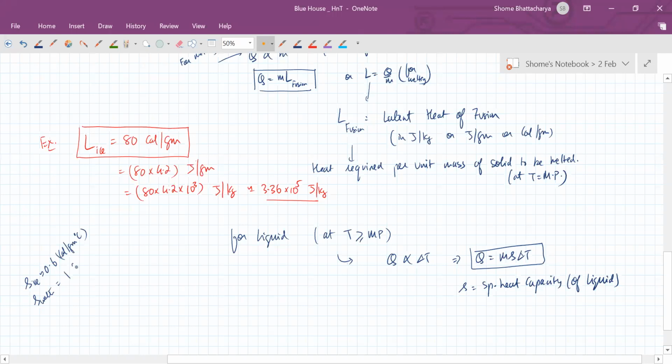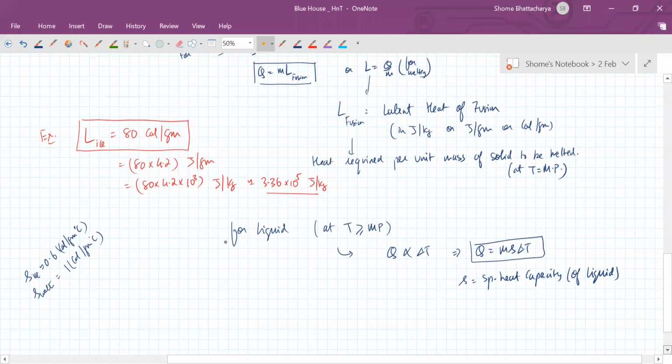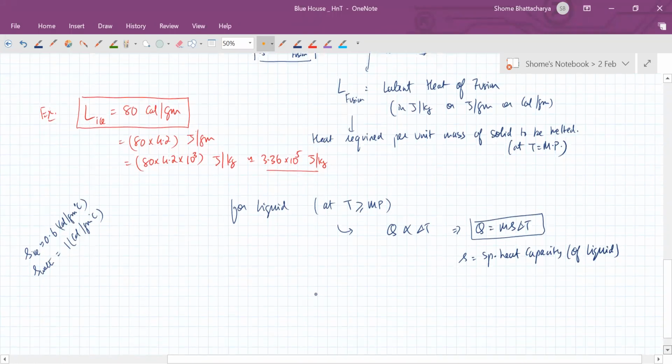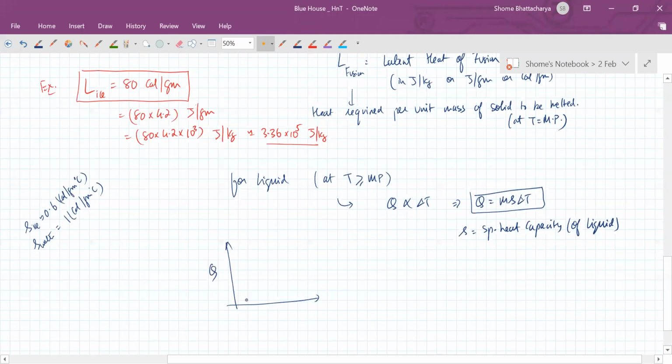It's 1 calorie per gram degree C. Okay. Then you reach the process of melting. So again, if you're looking at temperature versus heat, now you're in the liquid phase.